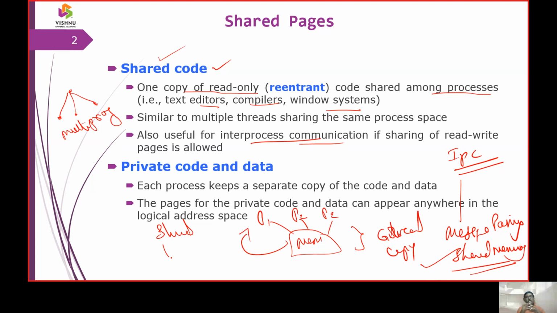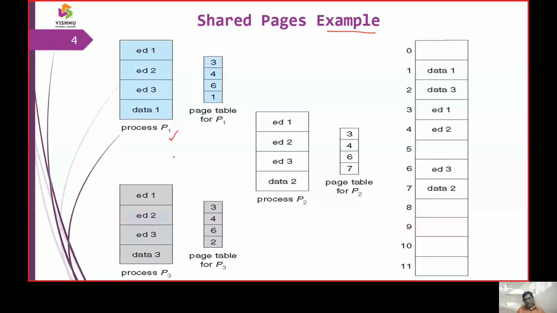Now, taking up this example, we have a process P1, and every process has its own page table. On the right-hand side we are going to call this the physical address space.